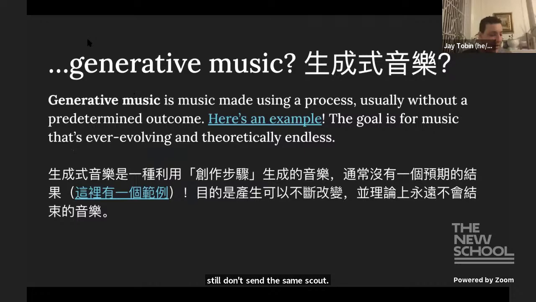Okay, so generative music is something that's made using a sort of process. A lot of people like to use the word algorithm, which itself is kind of a loaded term, but generative music is kind of something that isn't finished.